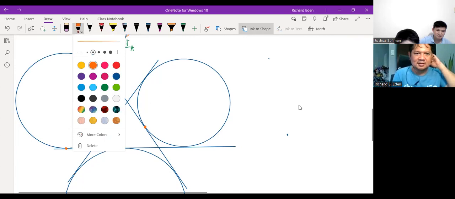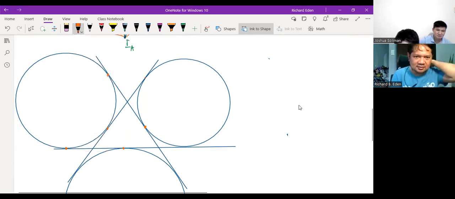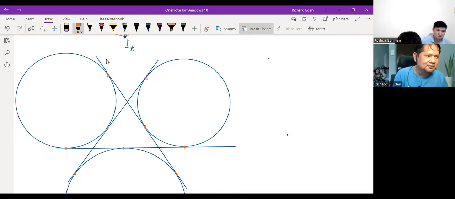Then the points of tangency, here, I think. Not really sure where exactly.